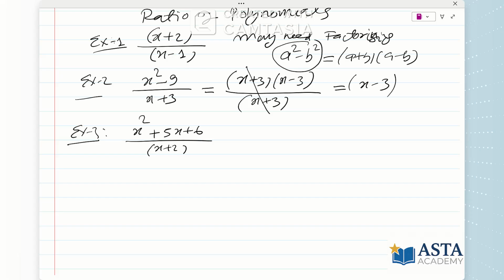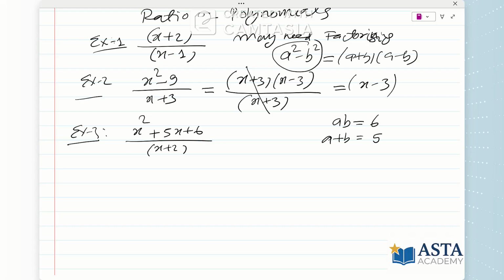Here a is equal to 1, so the first case will be applicable. So you can say that a into b is equal to 6, and a plus b is equal to 5. So you have to find two integers a and b, such that their product is 6 and their sum is 5.